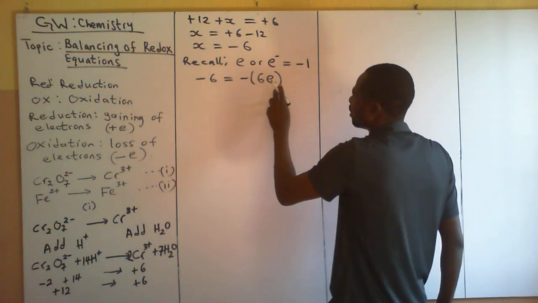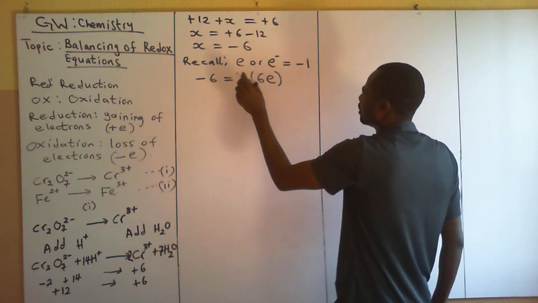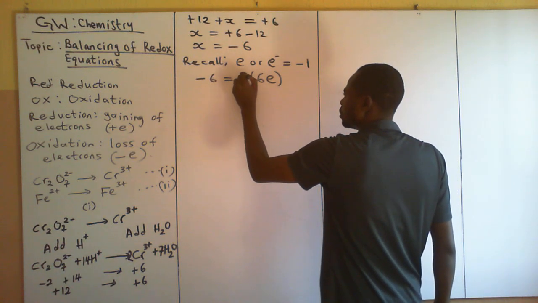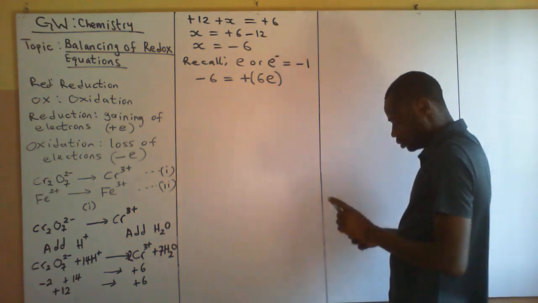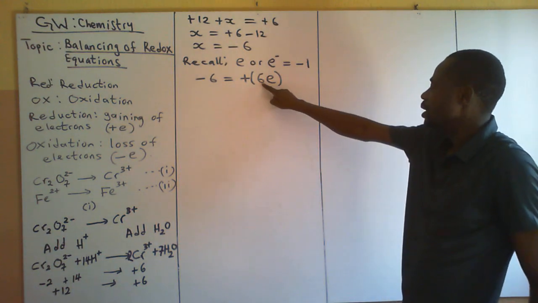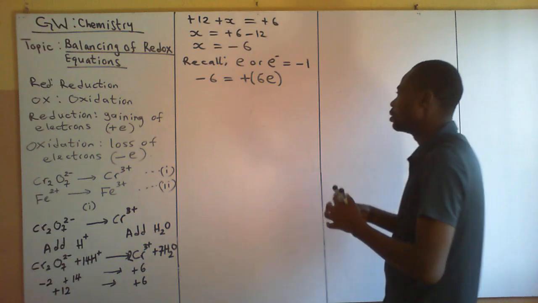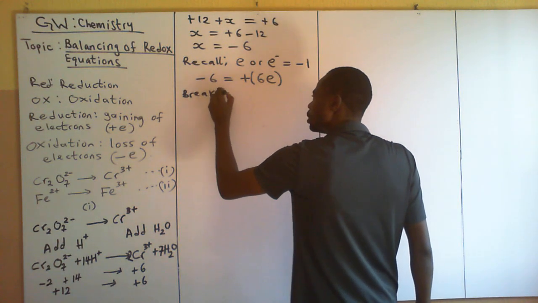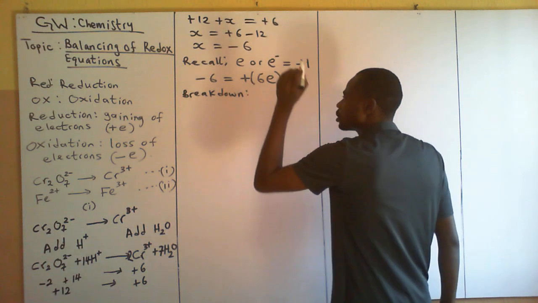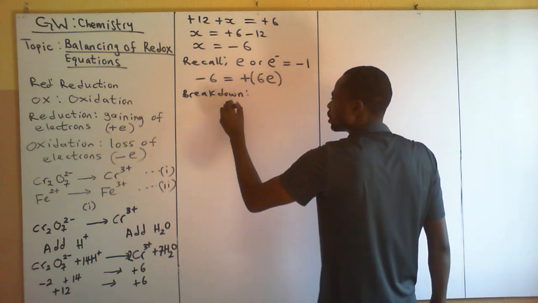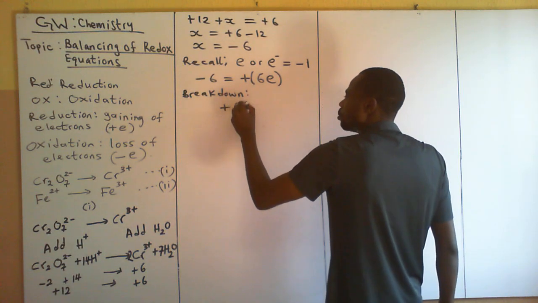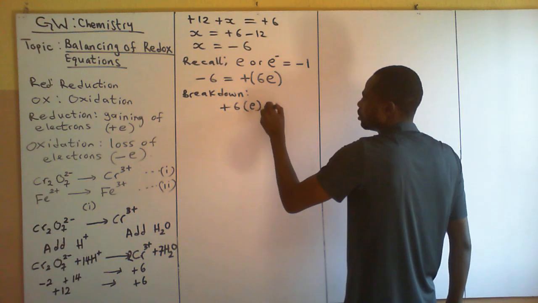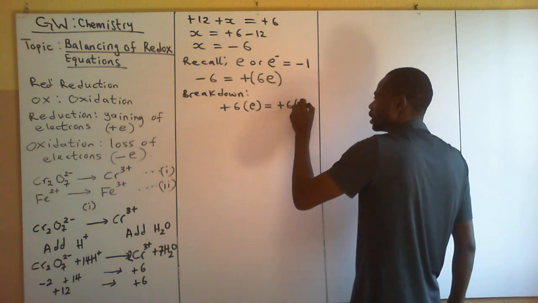Now what we mean is this. Because E alone is minus 1, breaking down, plus 6 bracket E is the same thing as plus 6 bracket minus 1.